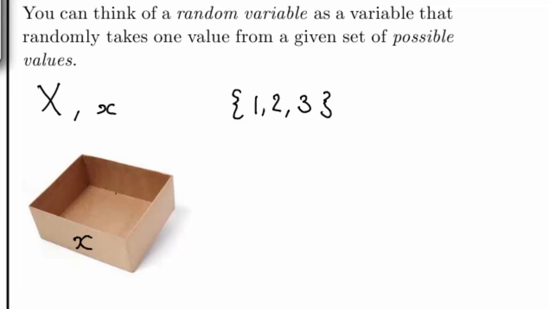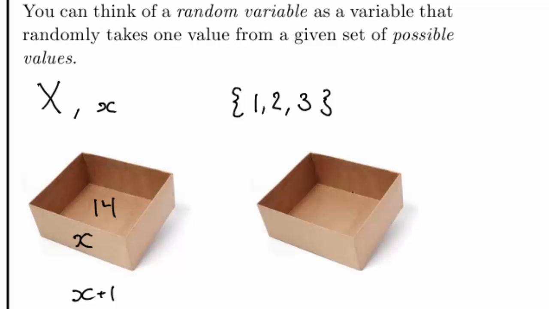So I may, for example, put the number 6 inside the box. The whole point, of course, with the variable is that we can vary this number. I can, for example, replace this number 6 in the box with something else, say 14. So whenever we do something like x plus 1, we mean the content of the box x plus 1, that is 14 plus 1, which is 15.